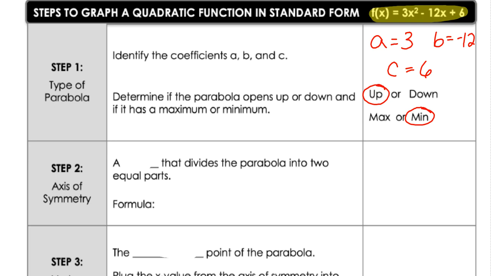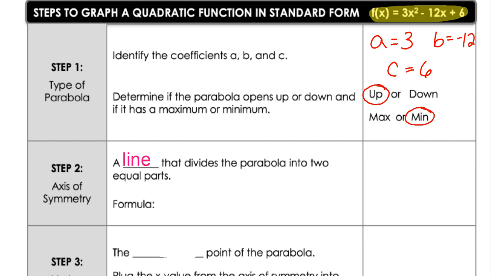So that's step 1. Step 2 is to find our axis of symmetry. The axis of symmetry is a line that divides the parabola into 2 equal parts. So it splits that U shape in half.